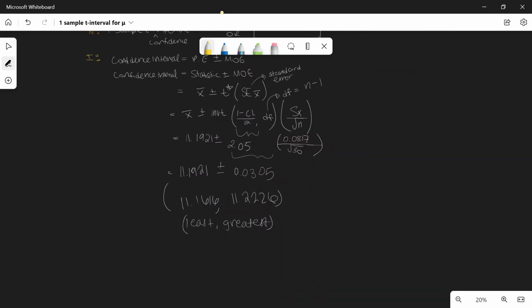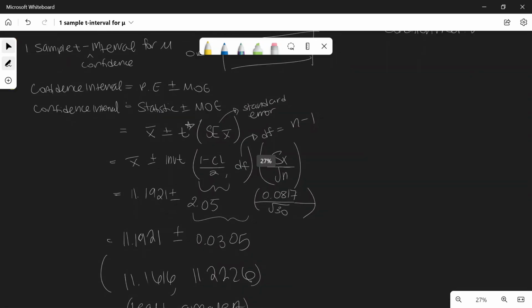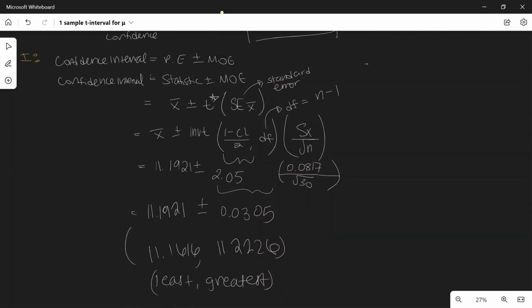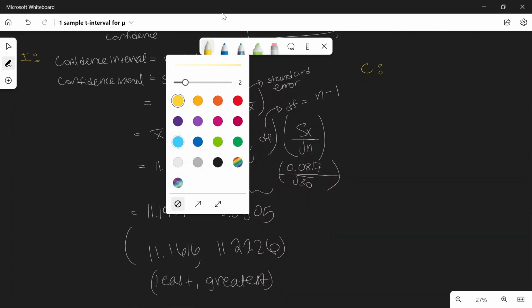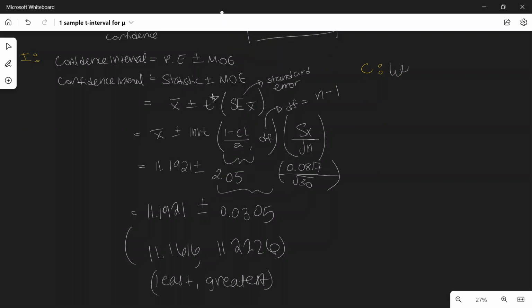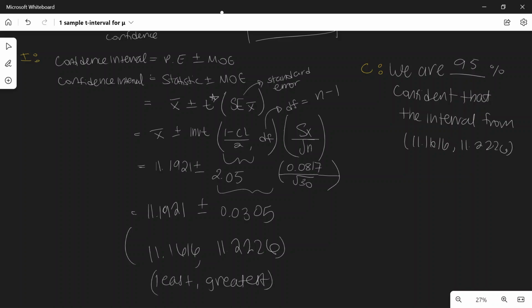So what does this mean, basically? I'm just going to do it on this side here. So C is the conclusion. Again, we are blank percent, so this is your CL. 95% confident that the interval from, what's our interval, 11.1616, 11.2226, captures the true mean Oreo weight.